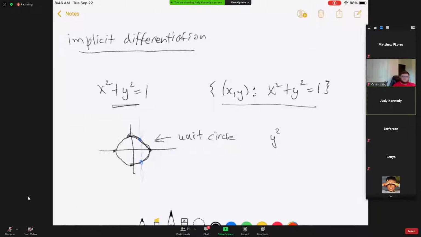So y squared is 1 minus x squared. So y is plus or minus the square root of 1 minus x squared. And there you see 2 functions. The top half of the curve, that is a function.